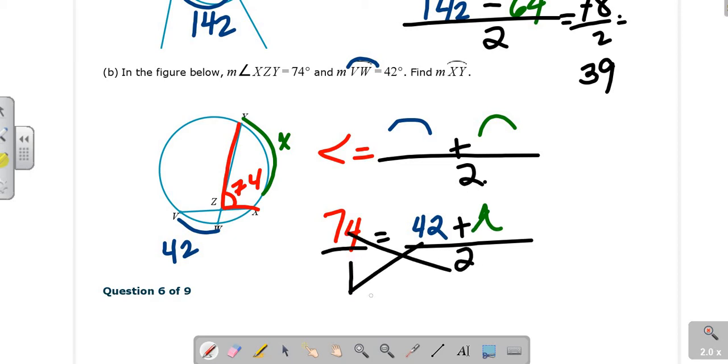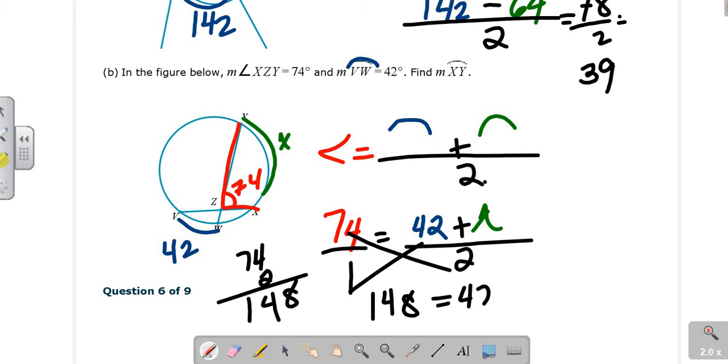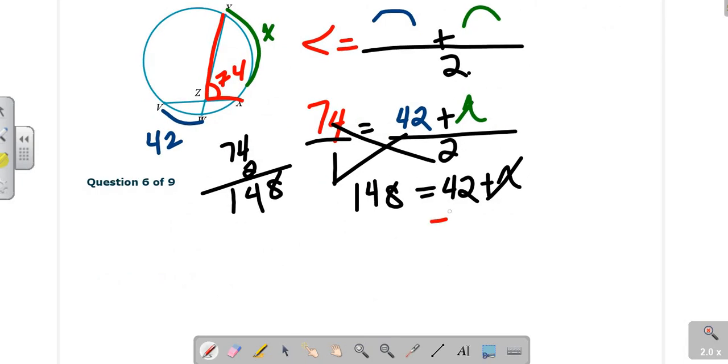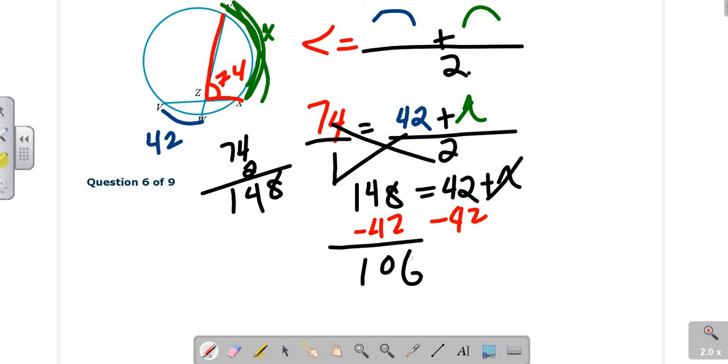Cross multiply. 148, that's 74 times 2, equals 42 plus x. So we just found our arc is going to be 106.